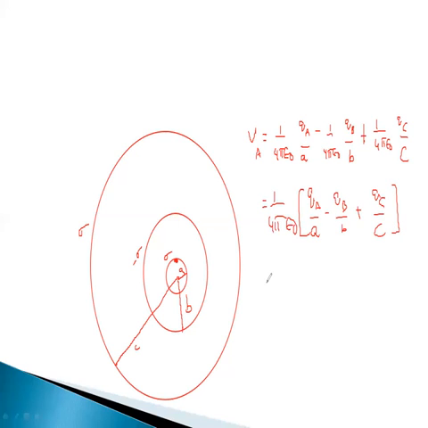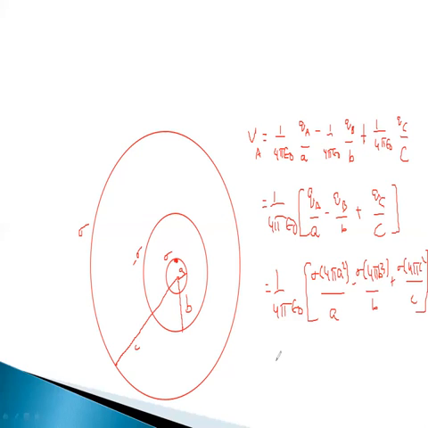Charge is nothing but, in terms of density, they are given density equal to charge by area, so charge equals density into area. That means sigma into 4 pi r square. That means 4 pi a square by A minus sigma into 4 pi b square by B plus sigma into 4 pi c square by C. 4 pi can be taken common and 4 pi and 4 pi will get cancelled.